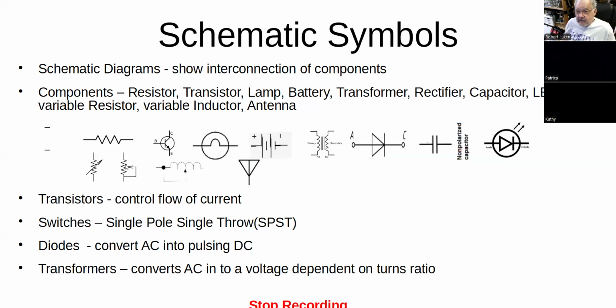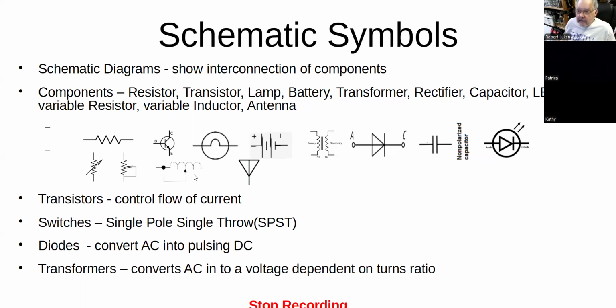Next is sometimes how we represent a potentiometer. So it has 3 terminals. Sometimes it appears that way, or the little arrow part may be connected to something else instead of down here.